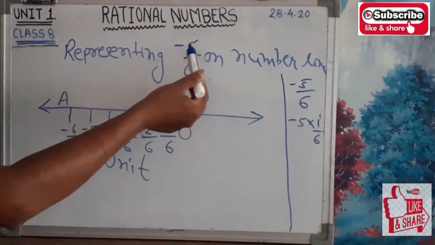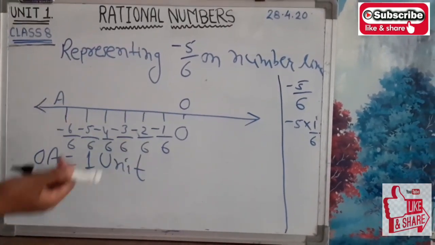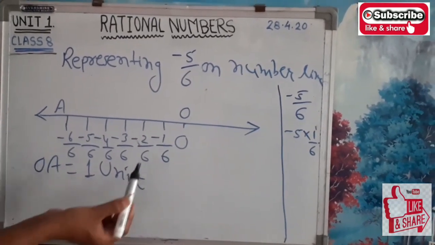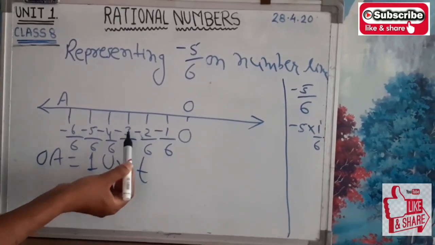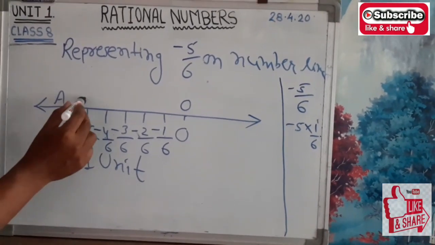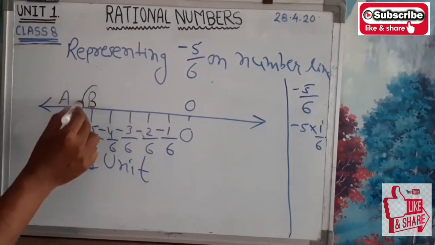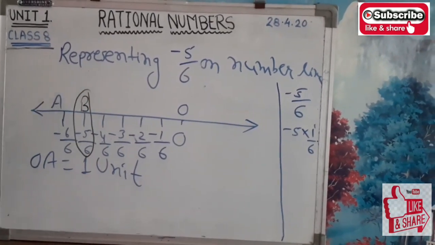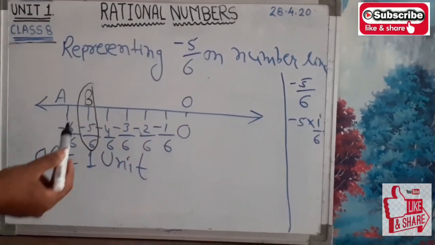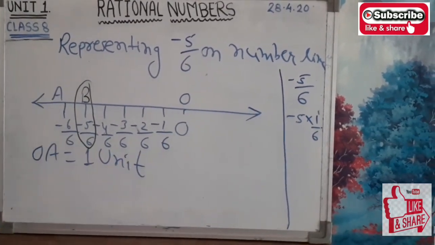Now you have to show minus 5 by 6. Minus 5 by 6 comes from 0: minus 1 by 6, minus 2 by 6, minus 3 by 6, minus 4 by 6, minus 5 by 6. So give it the name B. B is minus 5 by 6. Minus is given here, so we have to show this number on the left of the 0.